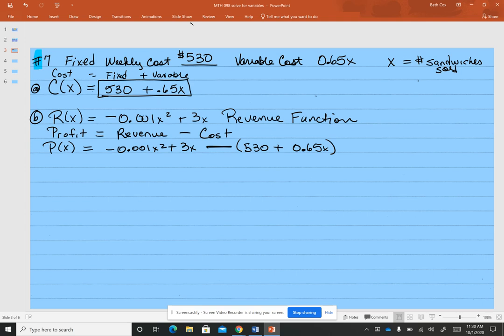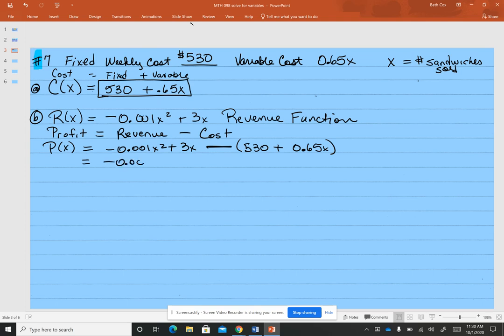Remember, in Unit 2, when we introduced functions, we talked about the fact that we can add and subtract functions, and when we do that, we create a new function. So we create a new function by taking the revenue function and subtracting the cost function. This is our profit function.